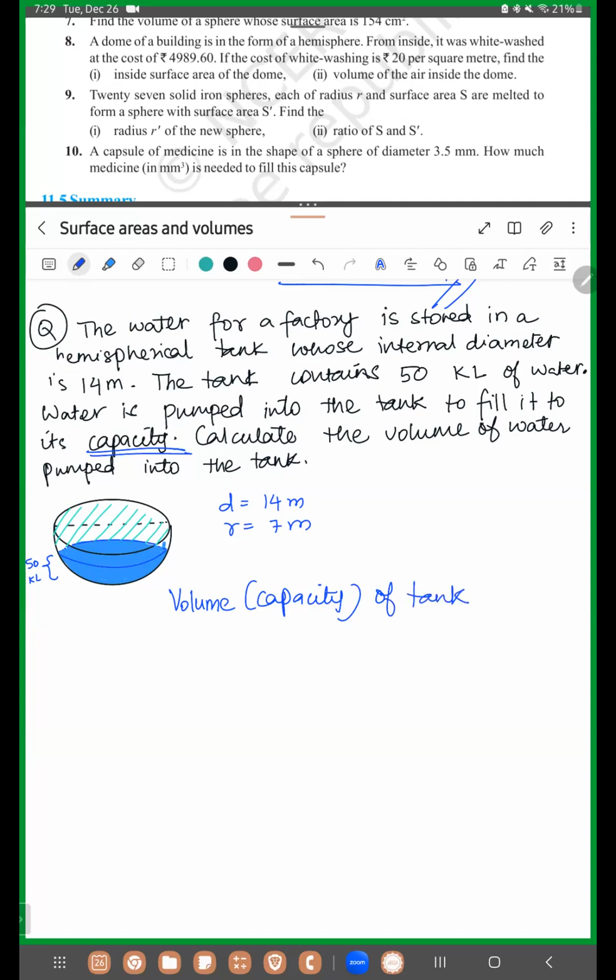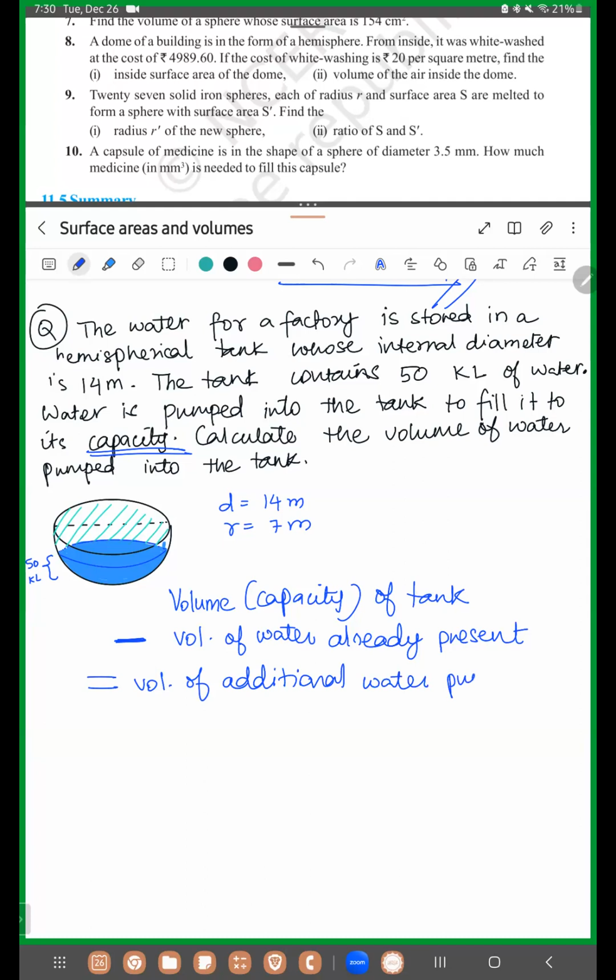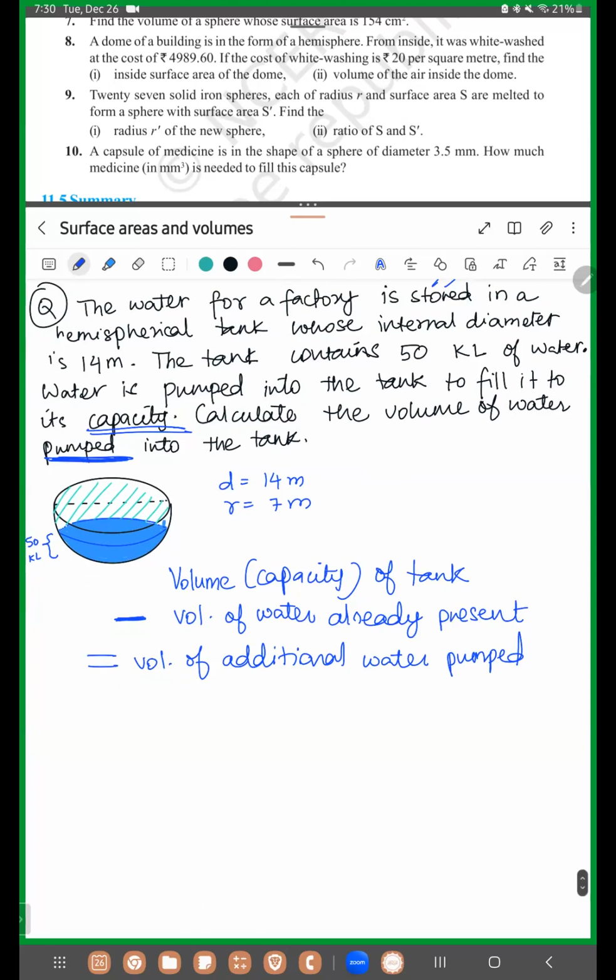Then you subtract from that the volume of water that is already present. Then you will get the volume of additional water pumped, water that has been pumped into it to fill it to its top.